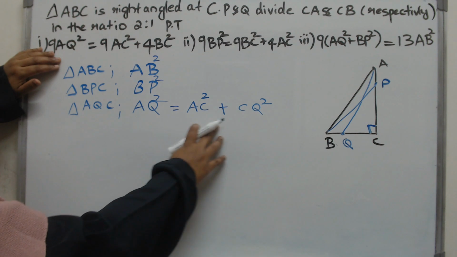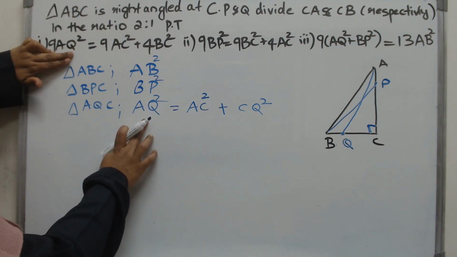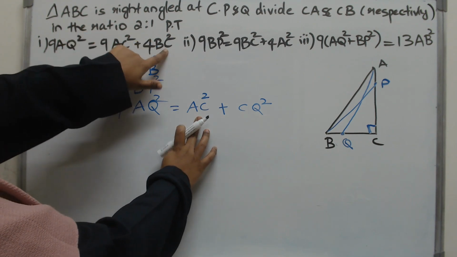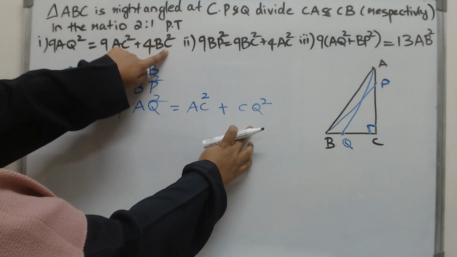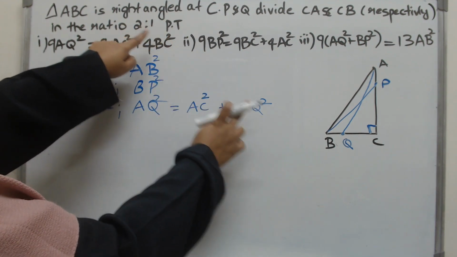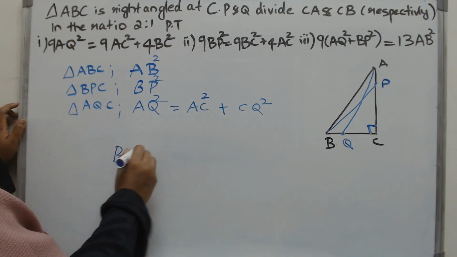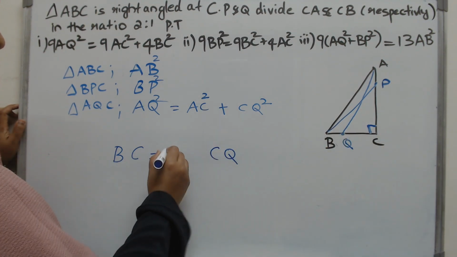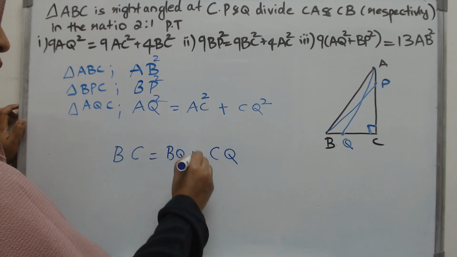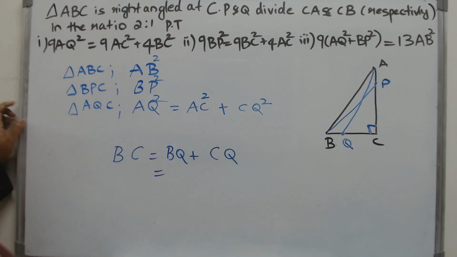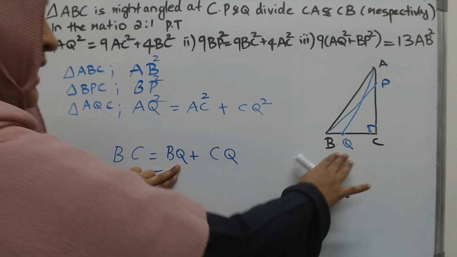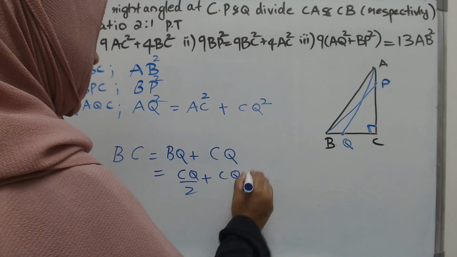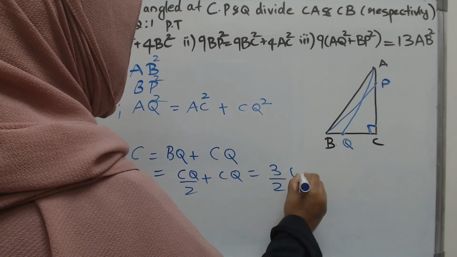So you see what is happening here? We have got the AQ square and the AC square, and this is the only part where we see something wrong. How do we connect BC and CQ? BC is equal to BQ plus QC. But then what is BQ? We know that BQ is half of CQ, which means BC is 3 by 2 CQ.